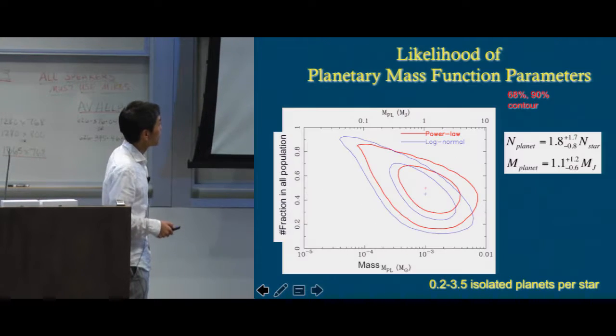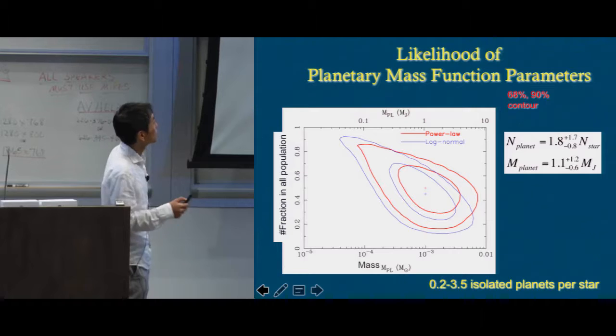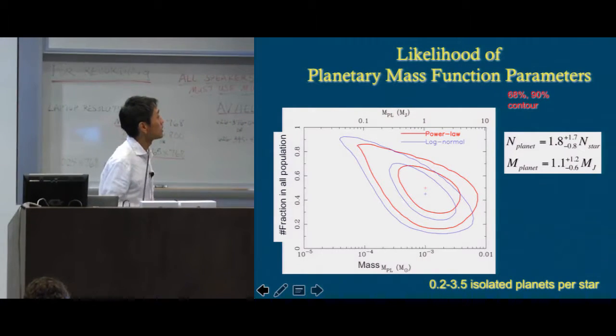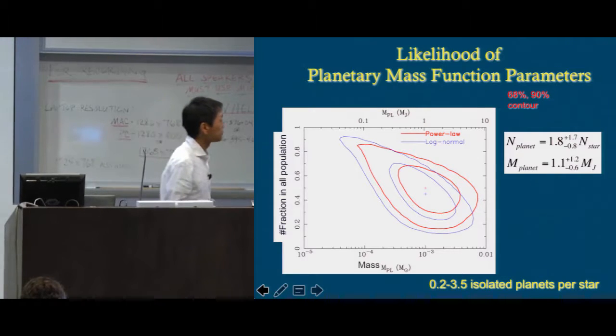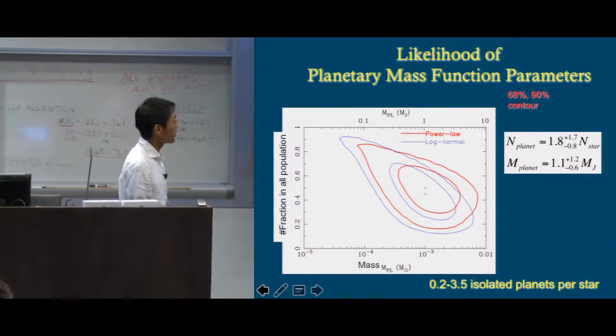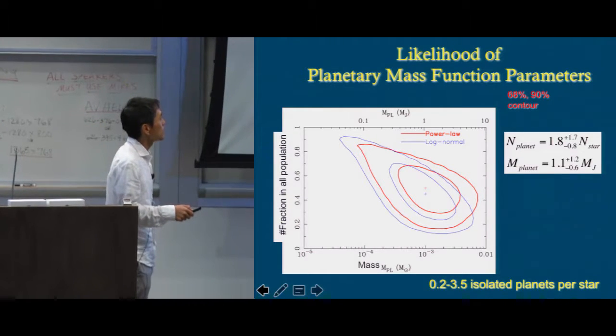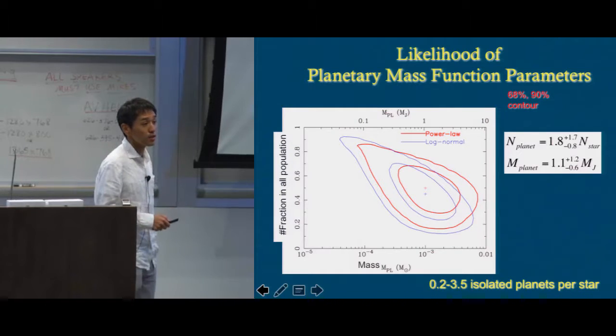And for our best fit, we conducted a likelihood analysis to measure the best model for the planetary mass object. We found the number of the planets is 1.8 times the number of the main sequence stars.